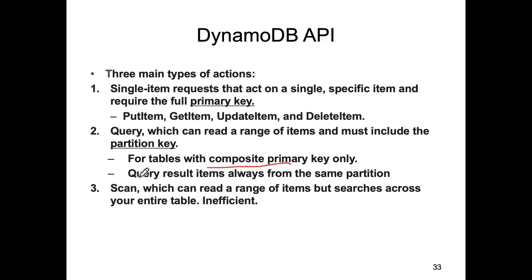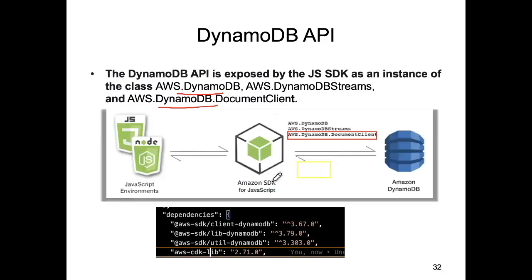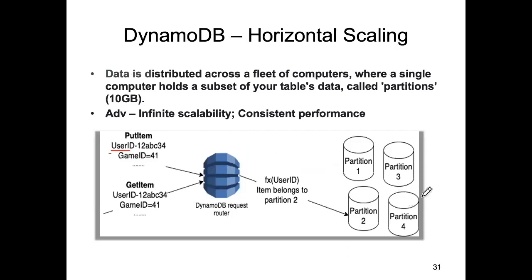So the query result items are always from the same partition. Okay, that is true, right? The results that you get back from a query request are all going to be coming from the same partition, as in, the things on the right there.